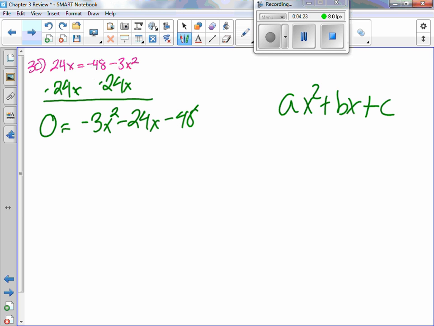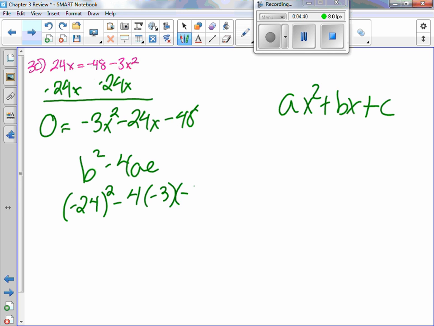So any questions on this here? Now we can use our discriminant, b squared minus 4ac. So the value of b is negative 24 squared minus 4 times a, which is negative 3, times negative 48.